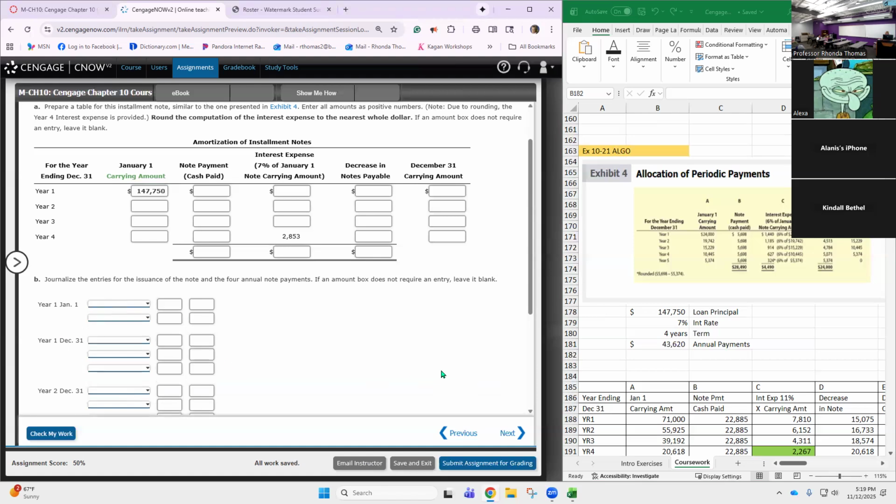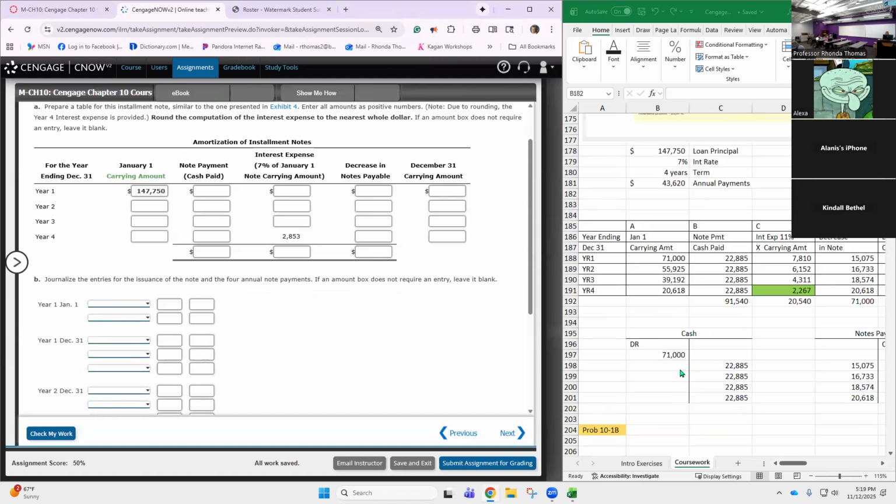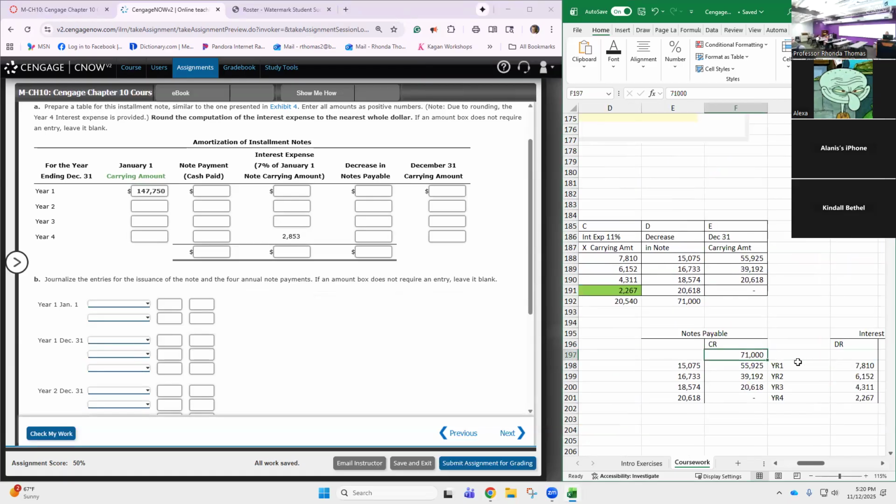We're also going to journalize this note. When we journalize this note, we're going to put it in notes payable. Let me take out all this stuff so you can see it in the T accounts here.